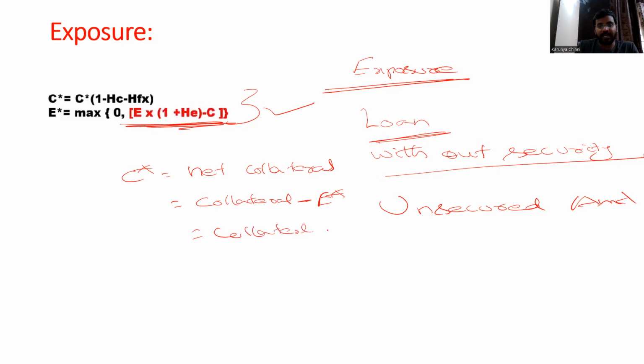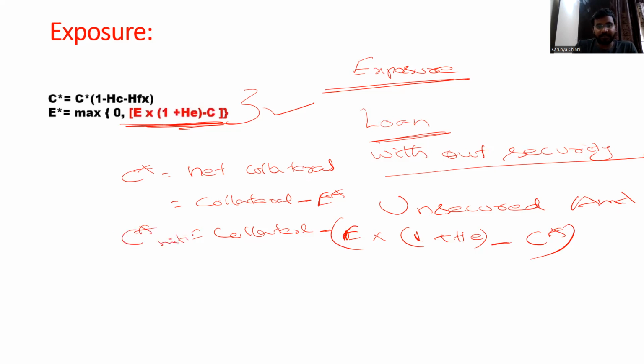Net exposure means collateral minus exposure. Exposure means loan amount into (1 plus HE). If there is any haircut for exposure, we have to add it, minus net collateral. This is how we calculate the collateral value, that is, net collateral, the collateral after mitigation, C star.